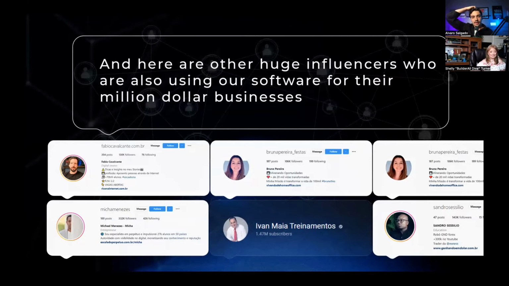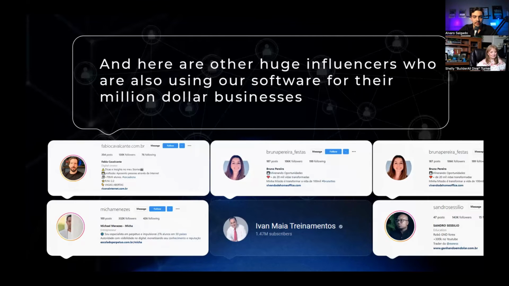Now, here are some other influencers. You have a few examples here. This is Fabio. I don't know if you can see it very well. I'm pointing at the first image right here. This is Fabio. He has 100,000 followers on Instagram. He's using our system. He has a 7-figure business running in our system. This is Bruna. She has 100,000 followers, and she also has a 7-figure business running in our system.